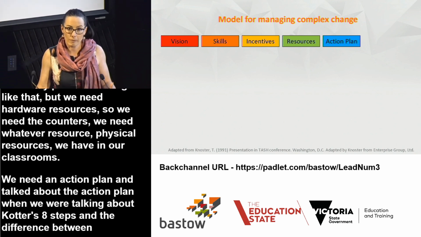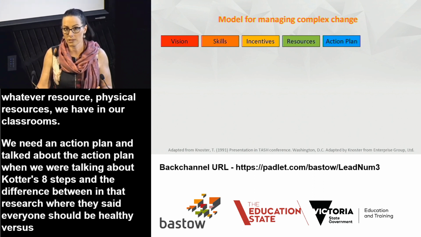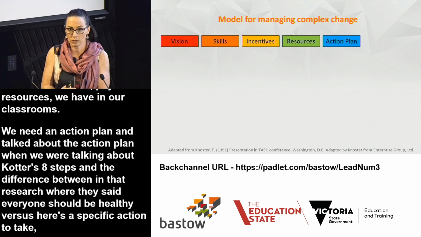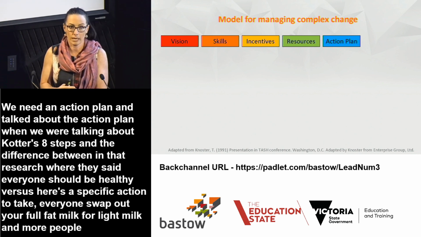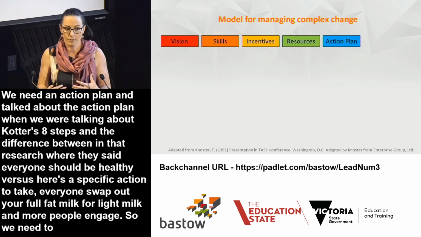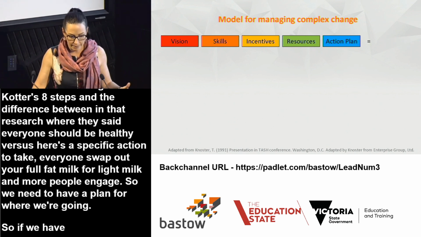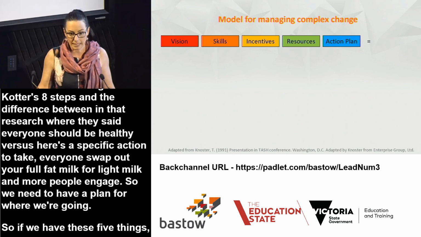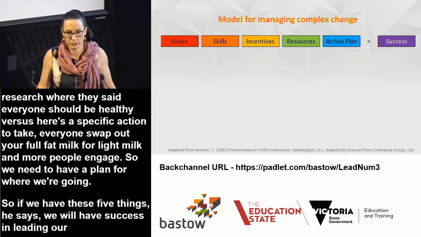And the difference between that research where they said everyone should be healthy versus here's a specific action to take, everyone swap out your full fat milk for light milk, and more people engage. So we need to have a plan for where we're going. So if we have these 5 things, he says, we will have success in leading our change.